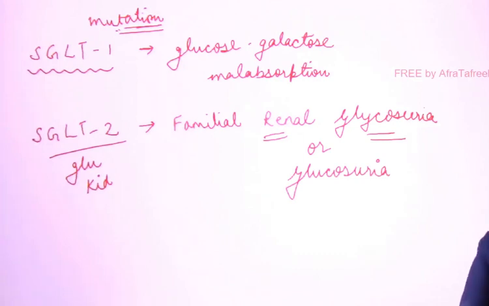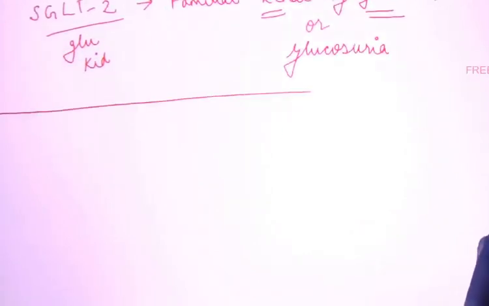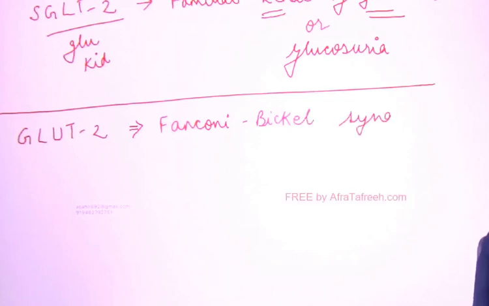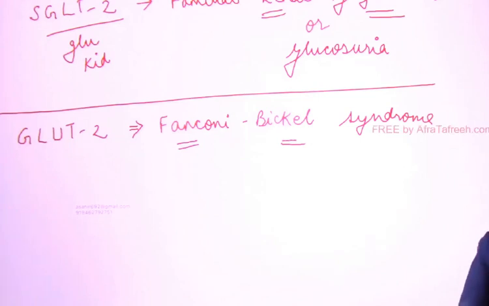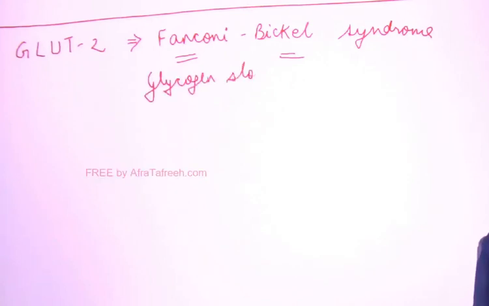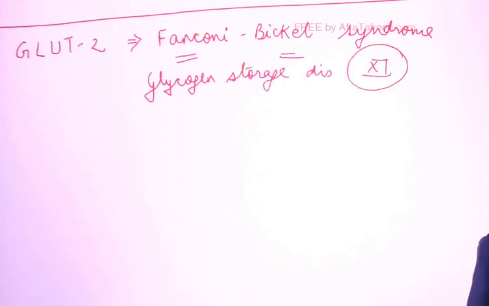Okay, then one more mutation you have to learn, that is mutation in GLUT2. Mutation in GLUT2 leads to Fanconi-Bickel syndrome. These are the names of the scientists, Fanconi-Bickel syndrome. And this Fanconi-Bickel syndrome is also known as glycogen storage disease type 11.